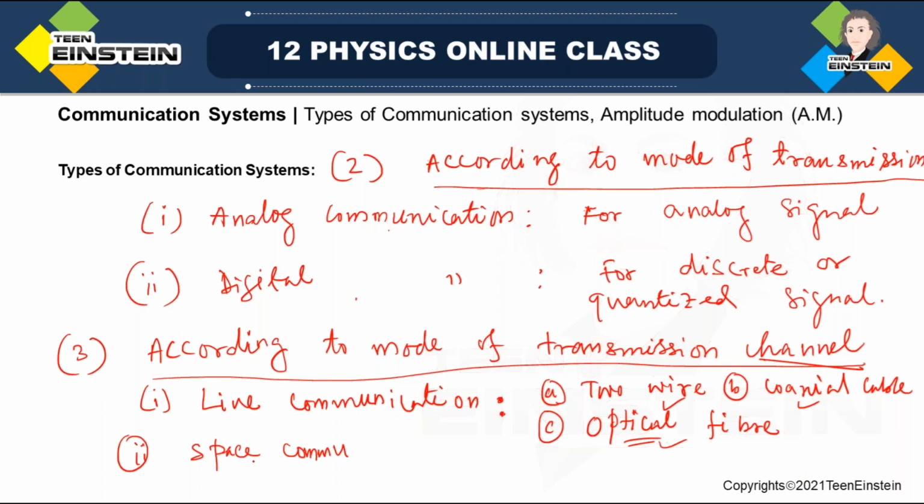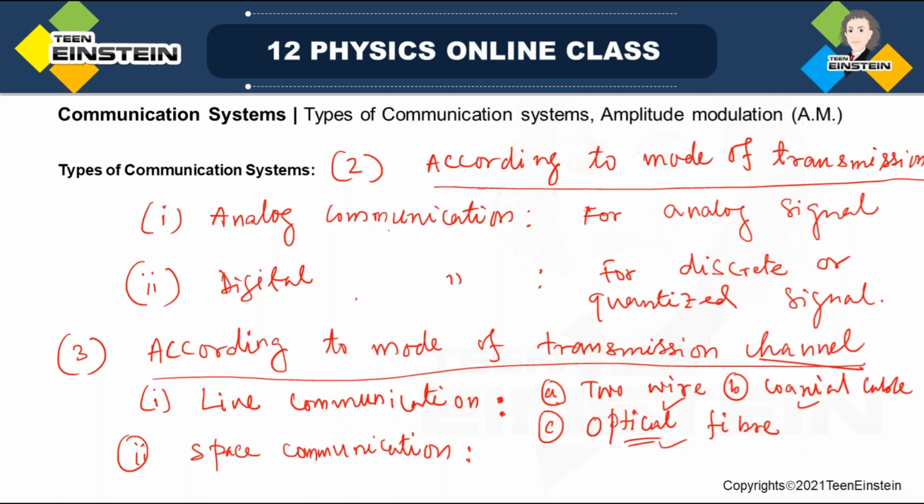Like in this case, space will be used, not vacuum, I should say space. Space will be used as the communication channel. Like I think we can give radio communication in this, or nowadays mobile and so on that you are using.